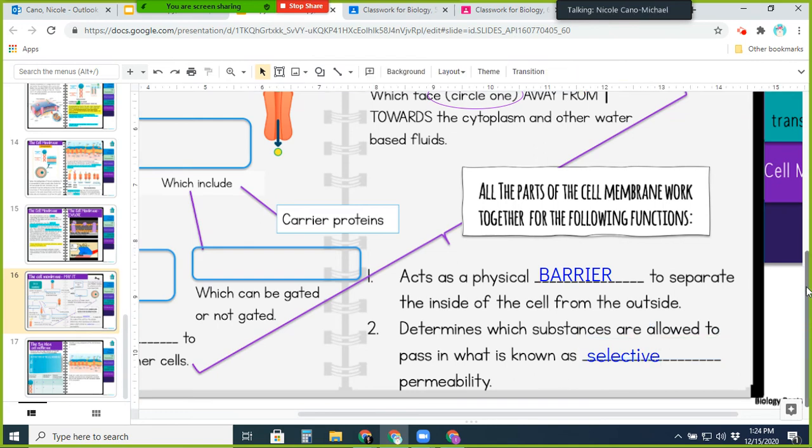That means not everything's allowed in and not everything's allowed out. Think about it. When you breathe in all this mess of air, your body just keeps the oxygen and pushes out the nitrogen, the carbon dioxide, and everything else. It only lets the oxygen in. It doesn't let the other stuff in. It is selectively permeable.